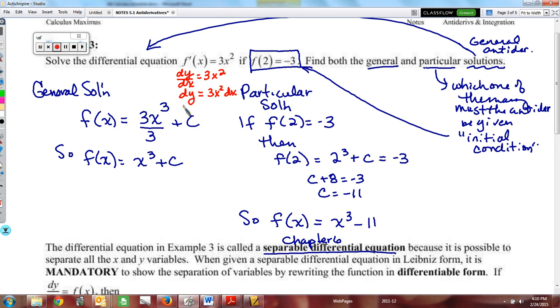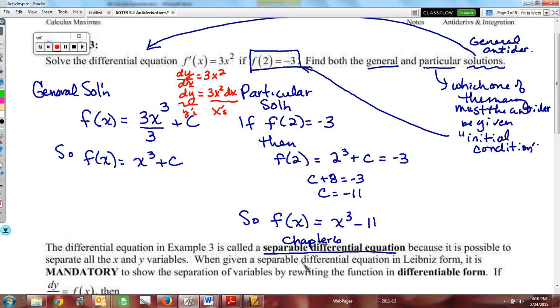And notice that I have separated. This side is all the x's, and this side is anything that has to do with the y's, of which there's only one, dy. If you can separate a differential equation into y's on one side, x's on the other, it's called separable.